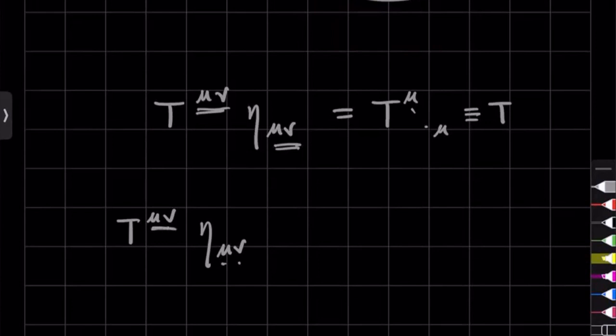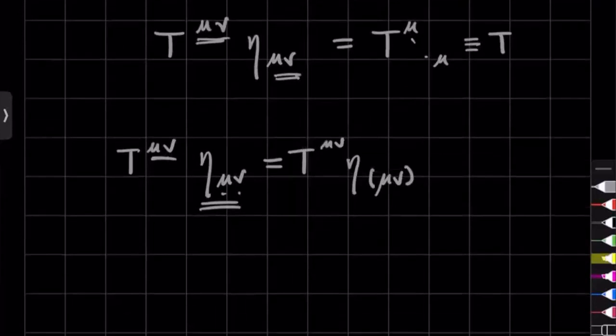This is easy to show because T^{μν} η_{μν}, but η_{μν} is symmetric, so we can write this as T^{(μν)} η_{μν}, right? With the brackets around μν. And you can show that that is the same thing as writing this.